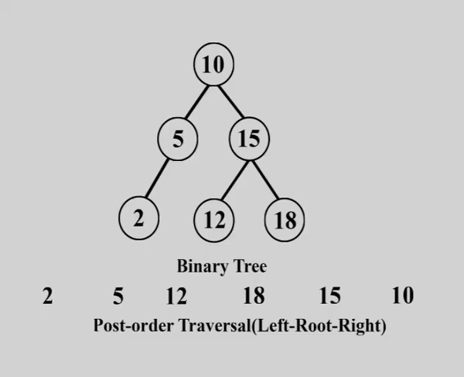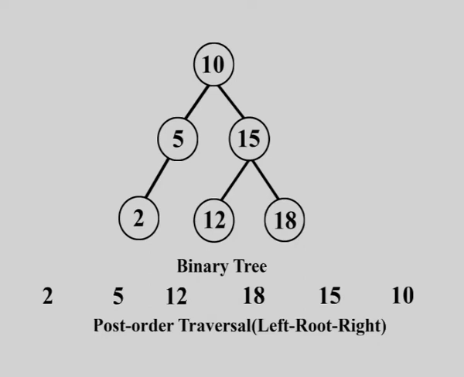Look at the figure. In this tree, firstly the left subtree of root node 10 is visited in left right root order, after which the right subtree of root node 10 is visited in left right root manner, and then the root node 10 is visited.